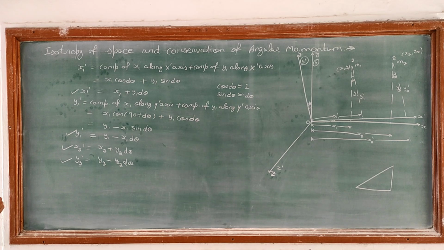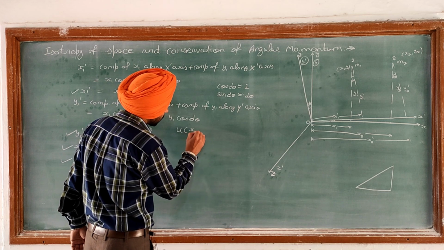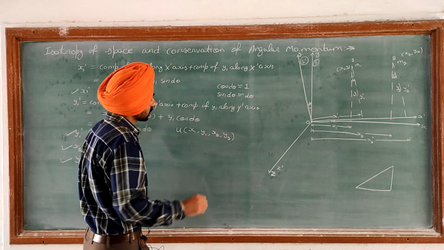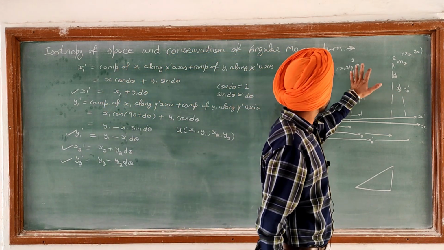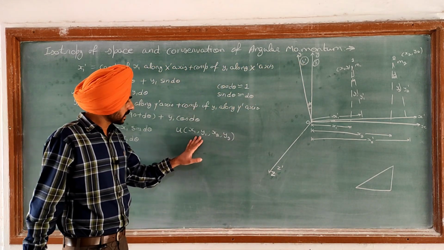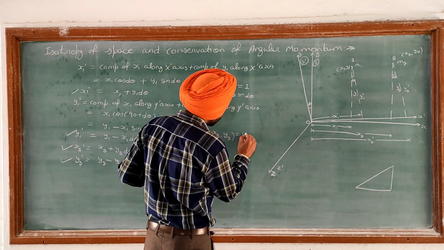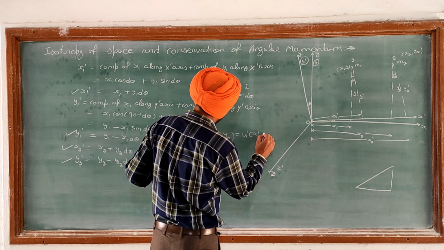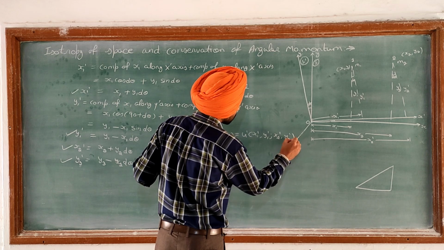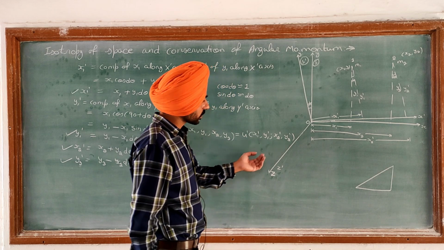Now, the potential energy of the system is a function of x1, y1, x2, y2, since in this system we have two particles and their position vectors are x1, y1 and x2, y2. So the potential energy is a function of all four coordinates, U of x1 y1 x2 y2, equal to U prime of x1 prime y1 prime x2 prime y2 prime. Why can I write the potential energy in this frame of reference equal to the potential energy in this frame of reference?